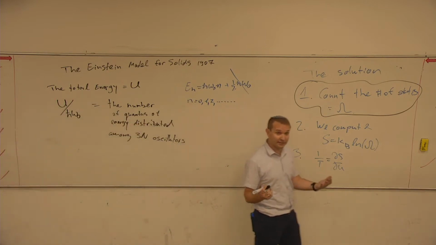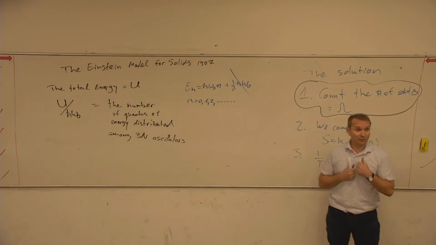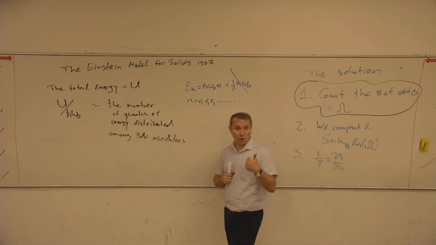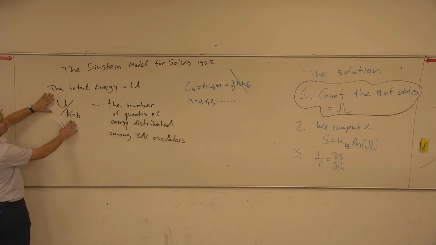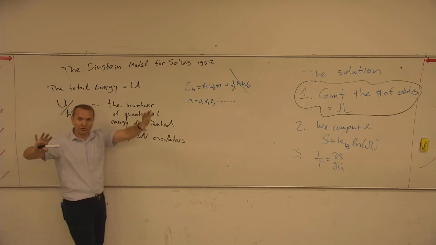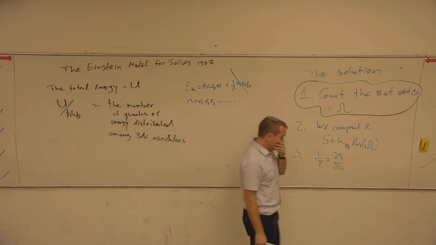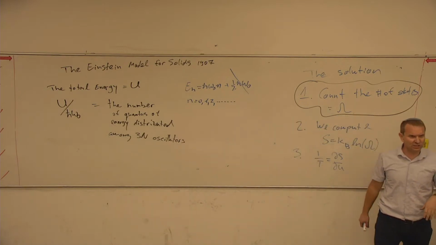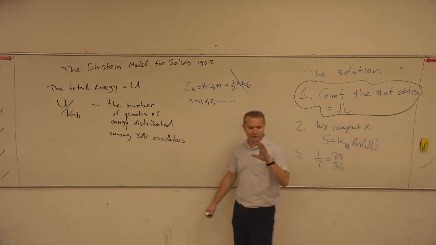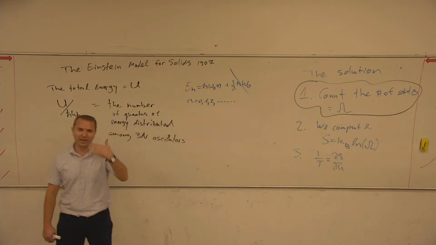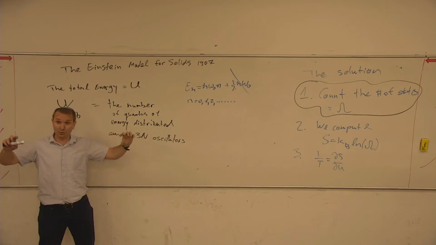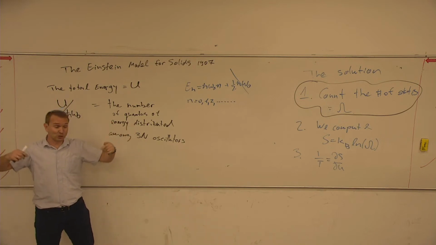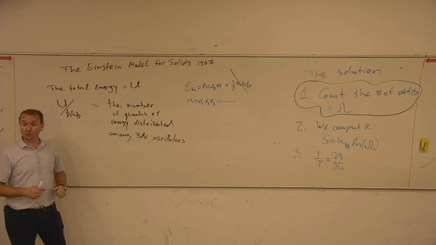Think about each oscillator as a box. It can have 0 quanta of energy, 1 quantum, 2 quanta. In total, I have U divided by ħω, and I somehow need to mix them up in all the different boxes. The number of combinations in which I can shift my different quanta of energy is exactly the number of states. A state is a specific distribution. The number of combinations of those distributions is the number of states in my system.